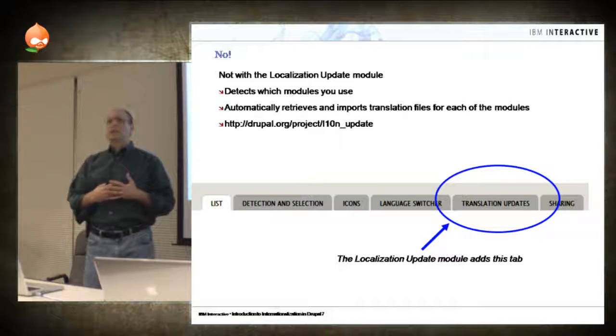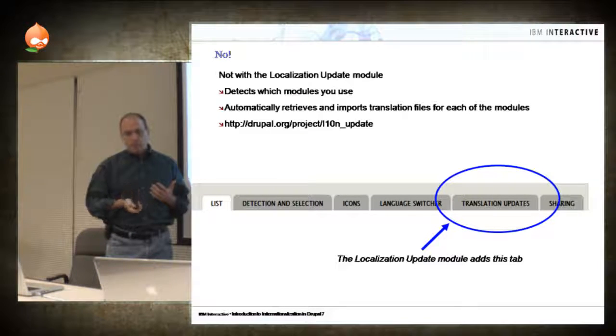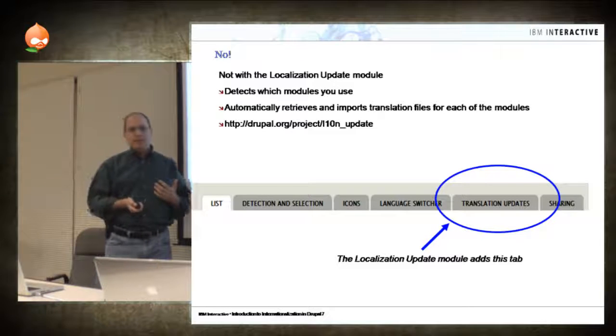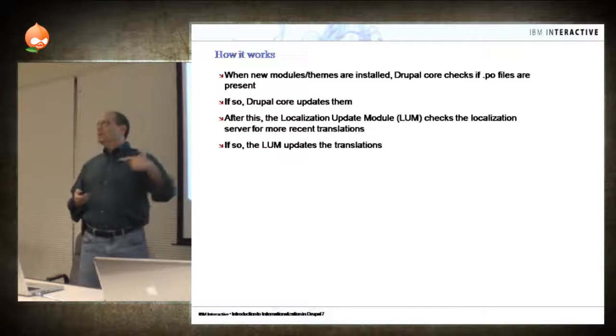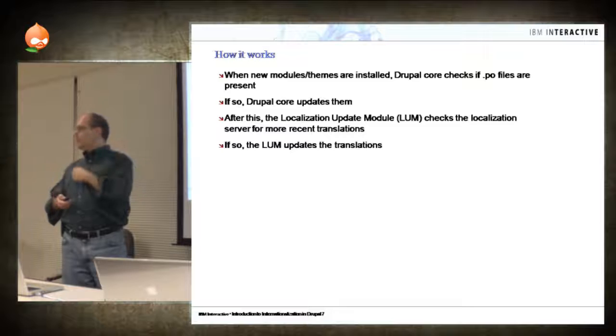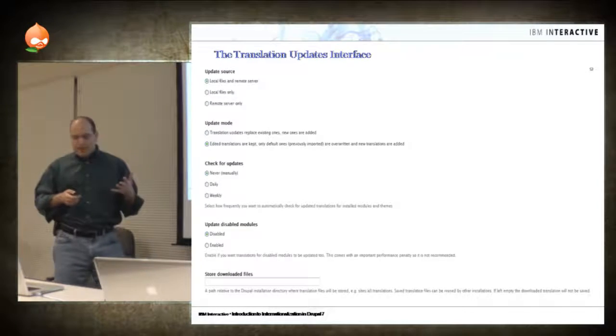Or it could just allow you to do it manually whenever you want. That corresponds to the Translation Updates tab on your main control area. So this slide pretty much explained what I just said. Again, go out to localized.drupal.org and pull the PO files for you, either automatically or manually. Here is the interface.